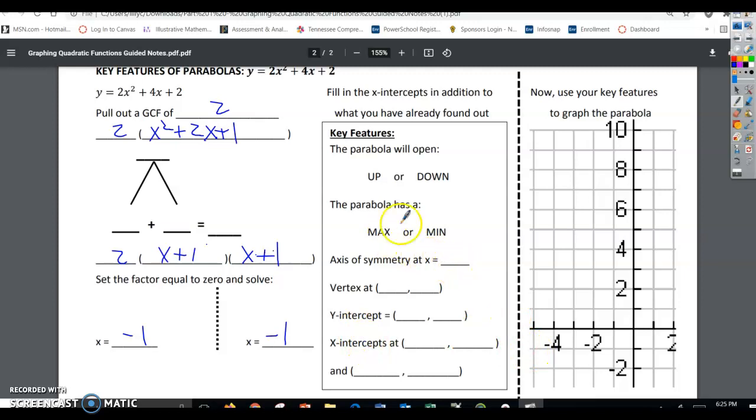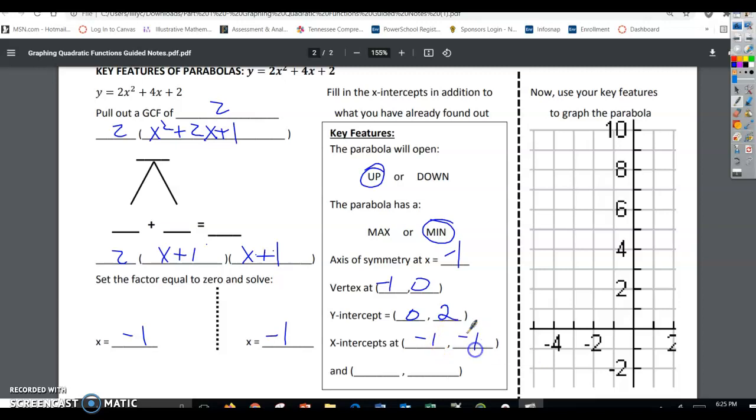All right, so the axis of symmetry, again, the parabola turns up, means it has a minimum value. Axis of symmetry was at -1. The vertex was at (-1, 0). And the y-intercept was (0, 2). The x-intercepts at -1, and the other one is at -1.